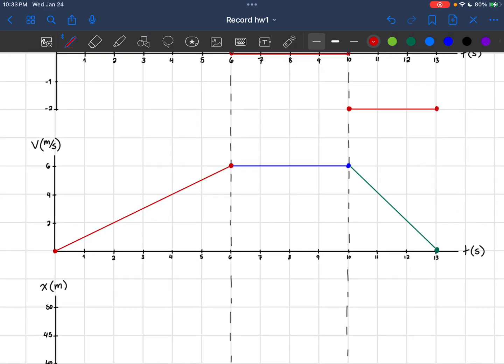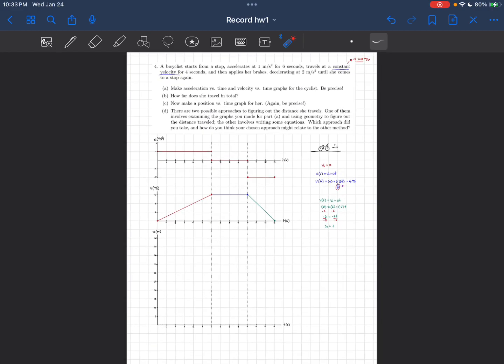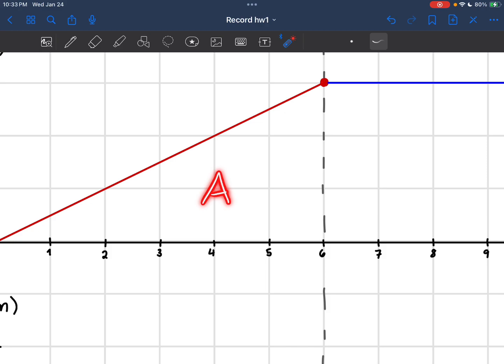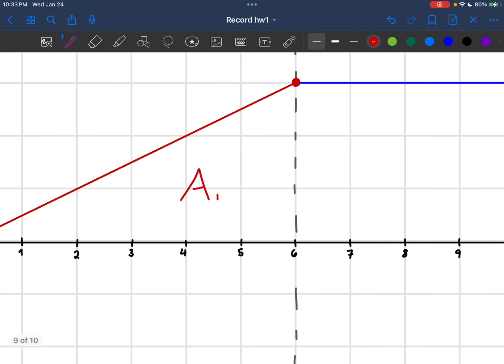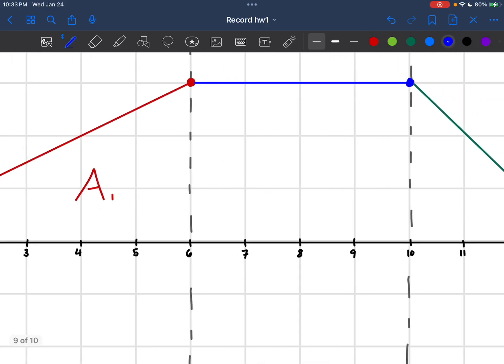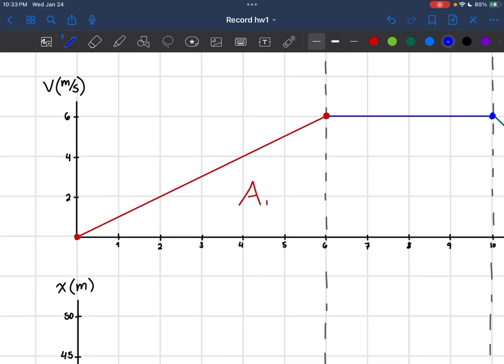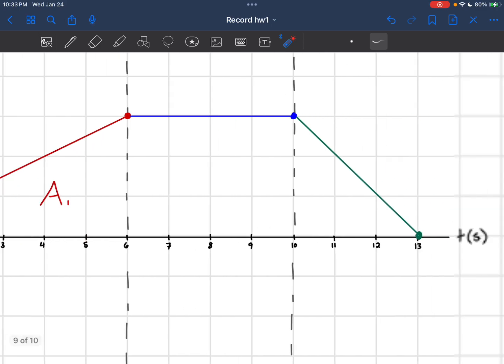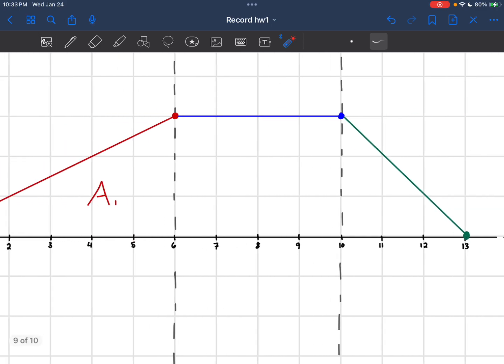So we know that the area under the velocity curve, the area under all of these lines, gives me my total displacement. We talked about this in the last part, when we were looking at the area under that curve where my height was in meters per second and my base was in seconds.